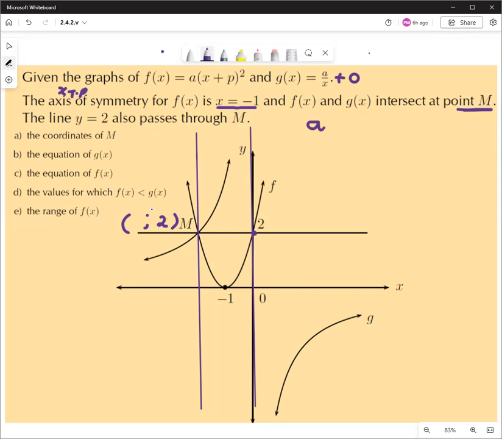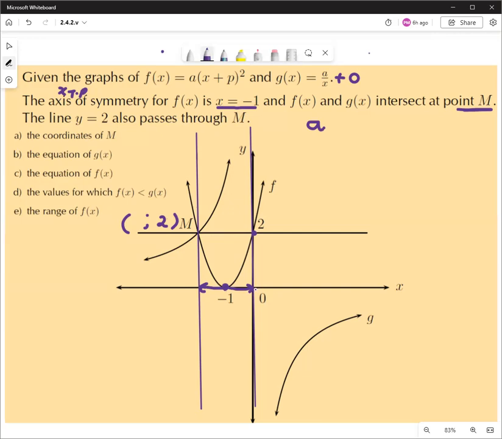Perfect. So I'm going to find M using the fact that the axis of symmetry means that the distance from here to that point is the same as the distance from here to there, right? You see it? Because the axis of symmetry cuts the parabola into 2 equal parts, right?